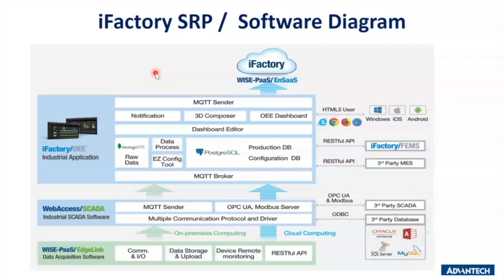What this means is Advantech has a lot of edge devices, like the sensing node, like the I/O, for you to do a lot of data collection. After you do the connectivity, you can push all this information to our OEE SRP package.